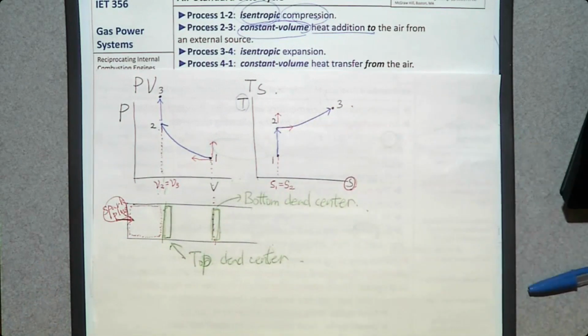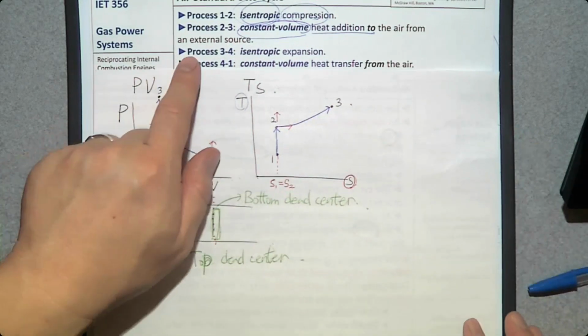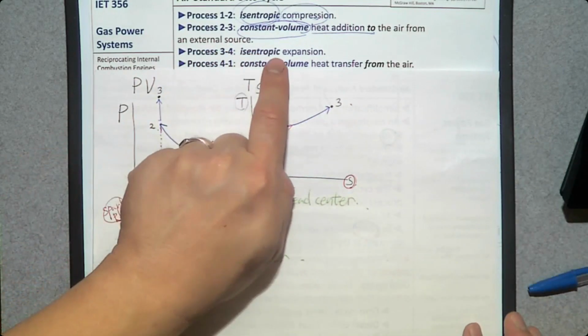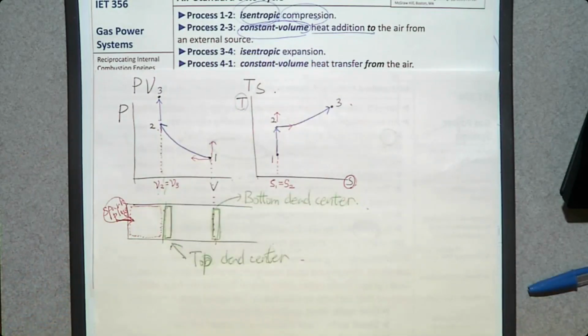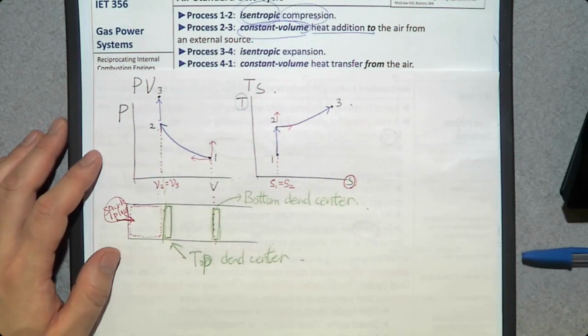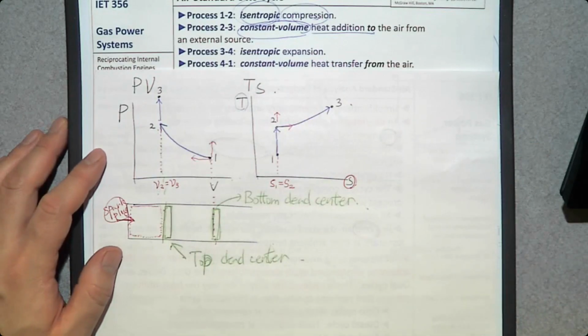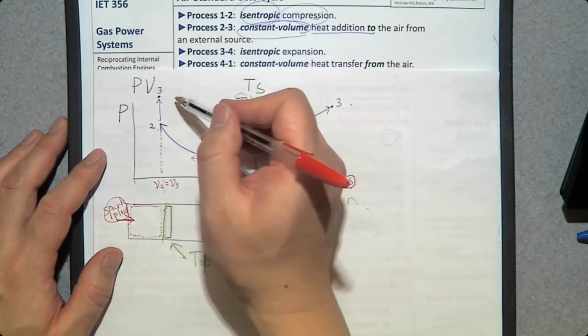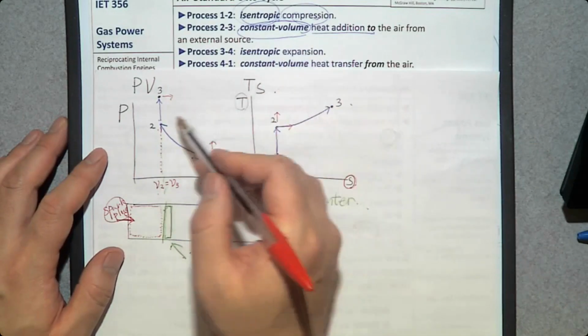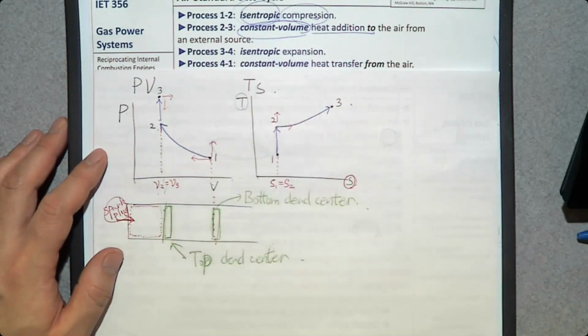Number 3, then process 3 to 4, isentropic expansion. This is when we produce work. So this is an expansion process. Therefore, volume goes up, pressure goes down.